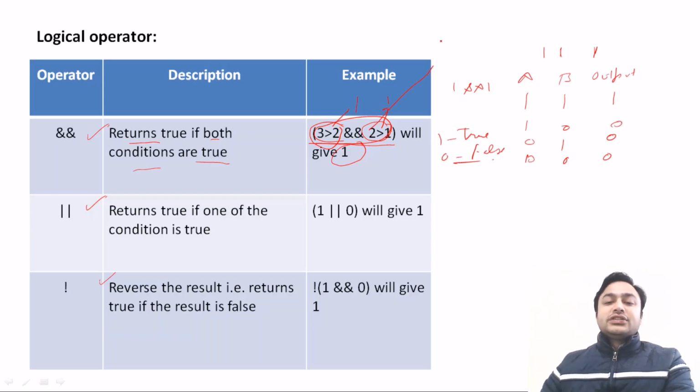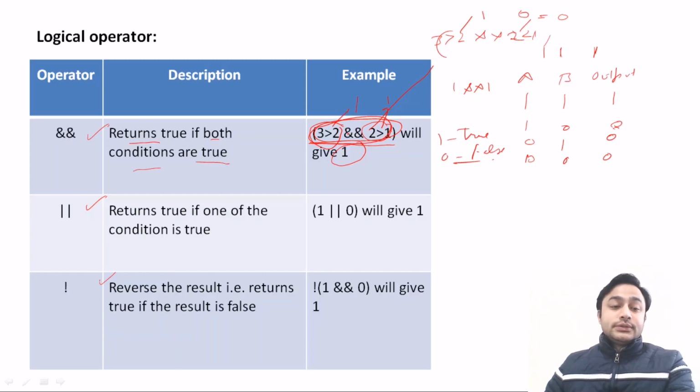Suppose the condition is 3 greater than 2 and 2 less than 1. In this case, the first value will be 1, the second value will be 0, and 1 AND 0 means 0. So the overall condition will be 0, that is false.